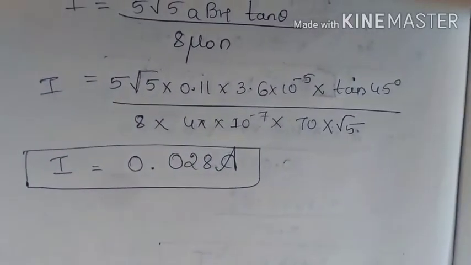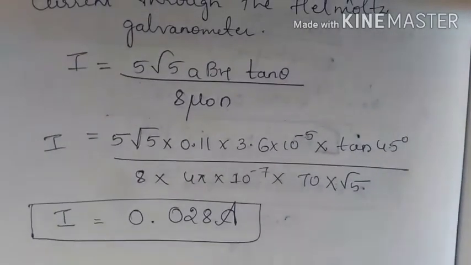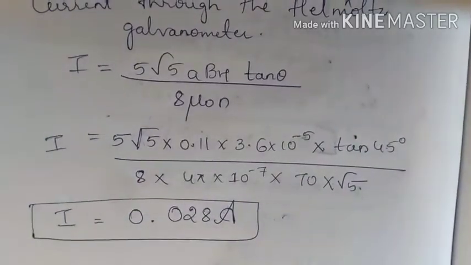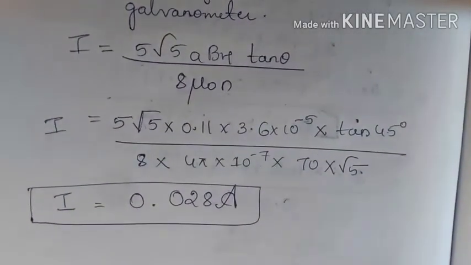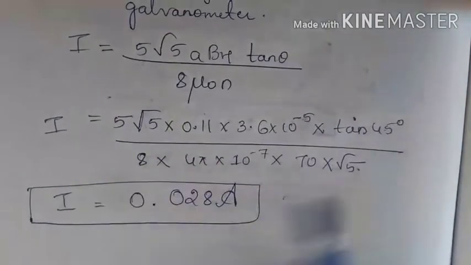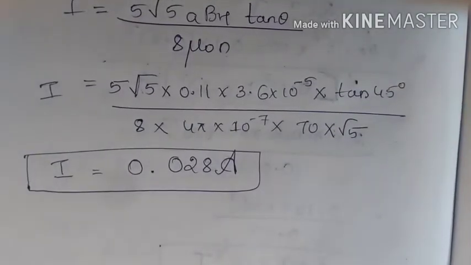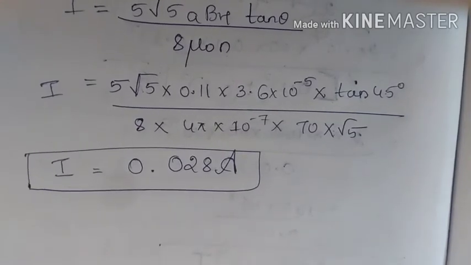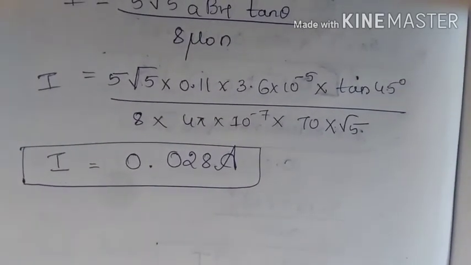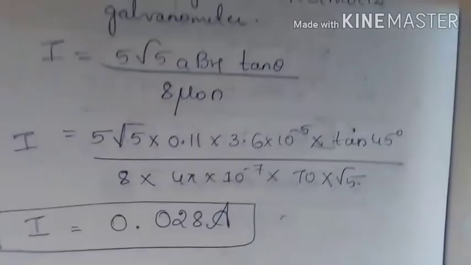I have substituted all the values for the physical quantities present in the equation of I. Now it's your turn to calculate and find the answer. Roughly I have written I is equal to 0.028 amp. So this is the solution for question number 5.